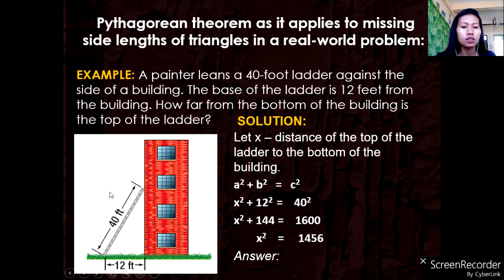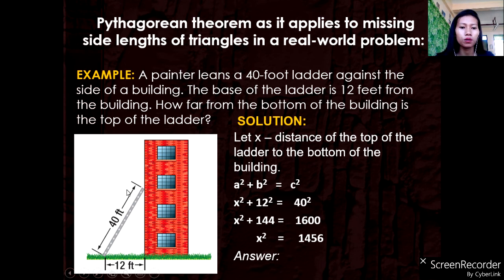So what do you think is the missing side? Is it the legs or the hypotenuse? So on this problem, the missing side is one of the legs. So, ibig sabihin, itong 12 feet and 40 feet, isi-substitute natin ito dito sa Pythagorean formula. So, we have a square plus b square is equal to c square.